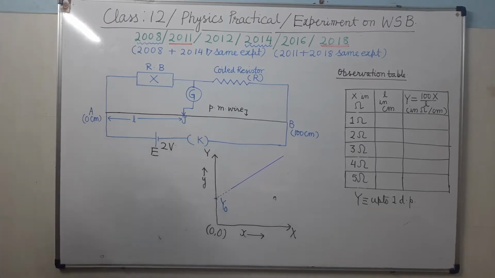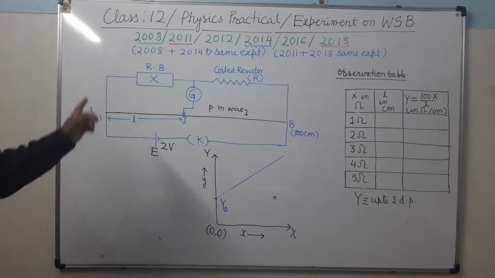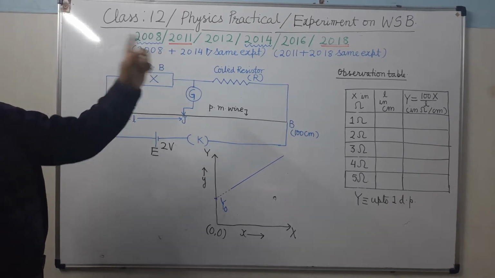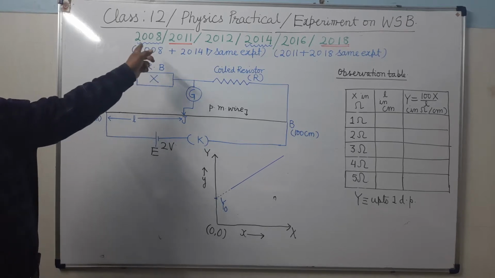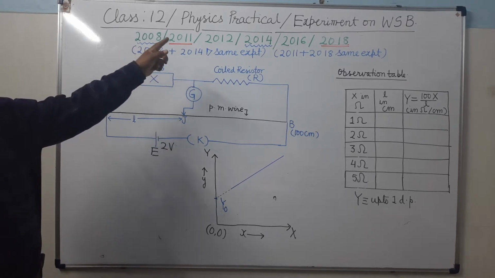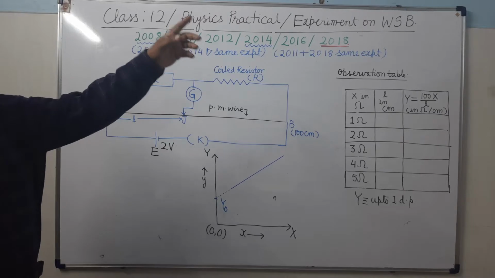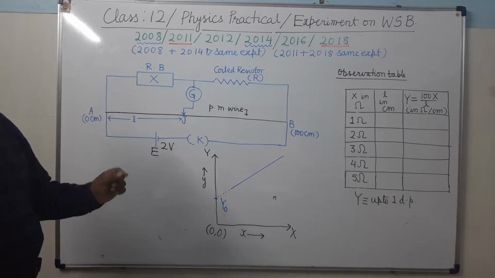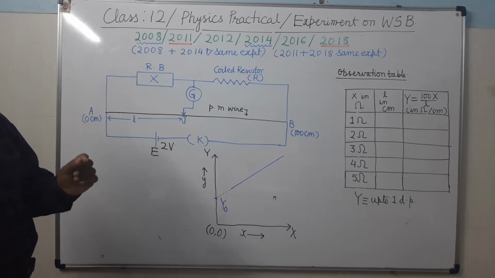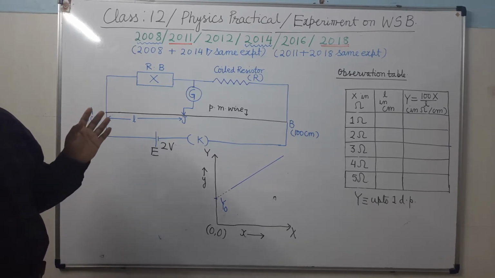Experiments on the Wheatstone bridge have been asked in the years 2008, 2011, 12, 14, 16 and 18. In 2019 and 2020, the electricity experiment was based on Ohm's law.